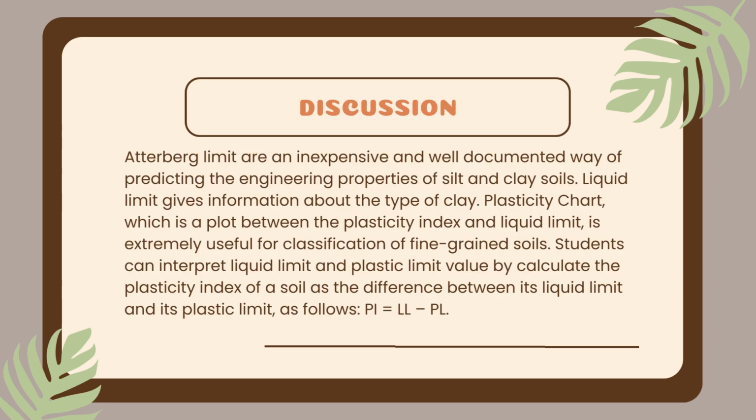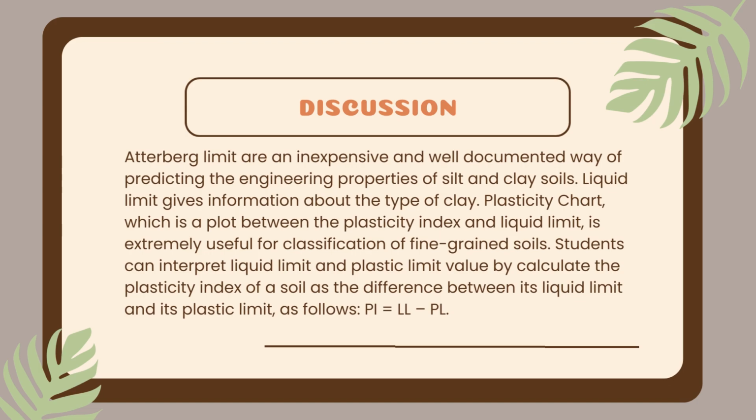For the discussion, the liquid limit and plastic limit, or Atterberg limits, are an inexpensive and well documented way of predicting the engineering properties of silt and clay soils. The liquid limit gives information about the type of clay.